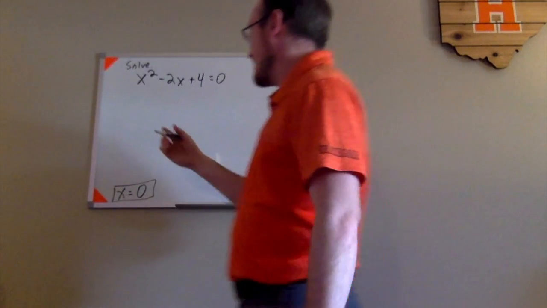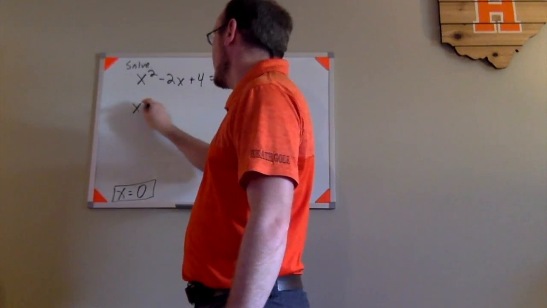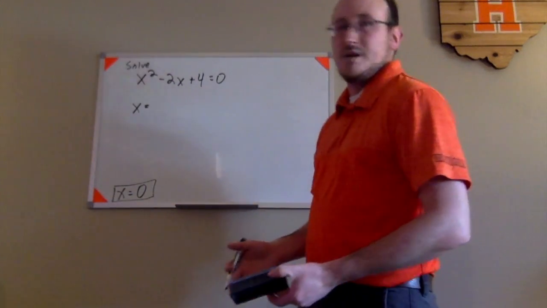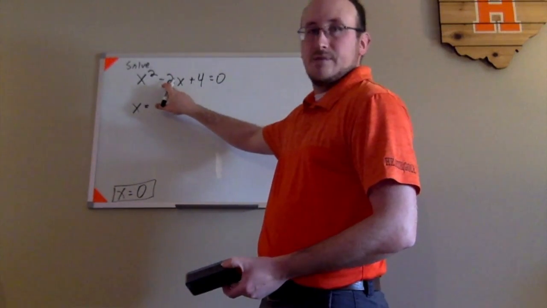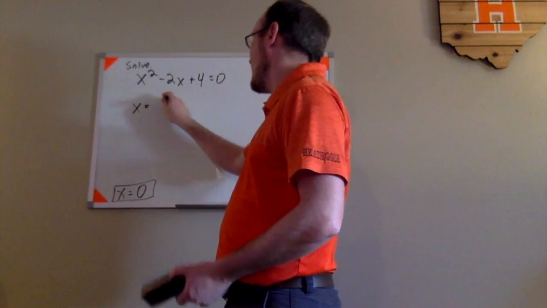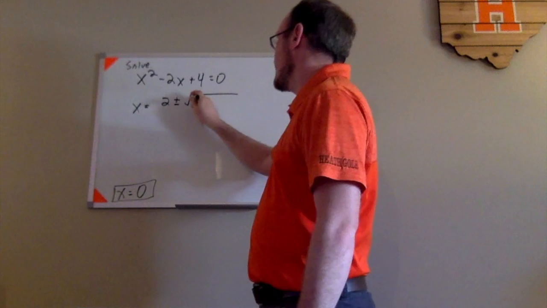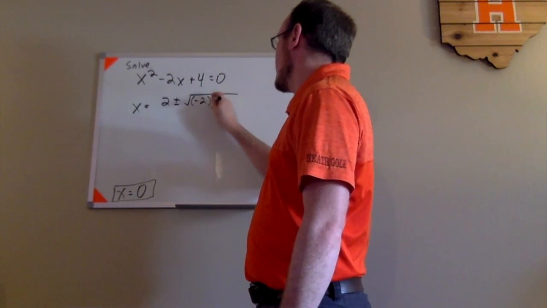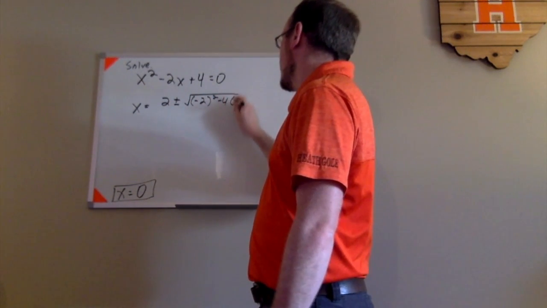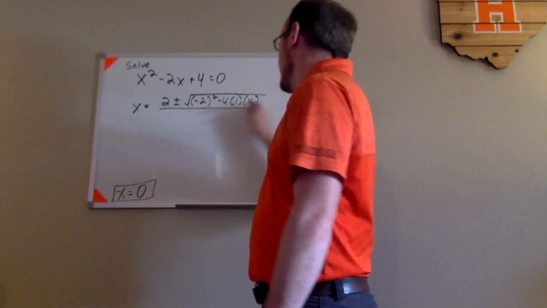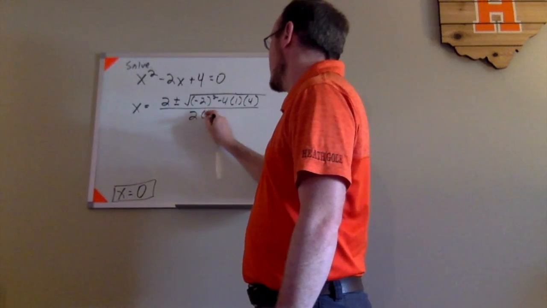So if I use the quadratic formula there, I have x is equal to, it starts off with negative b, or as I like to read, the opposite of b. In this case, b is negative 2, so the opposite would be positive 2, plus or minus the square root of b squared minus 4 times a times c, all divided by 2 times a.